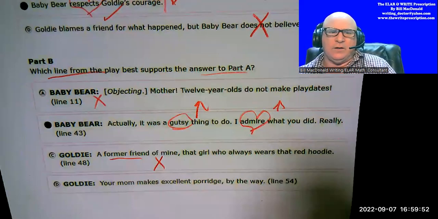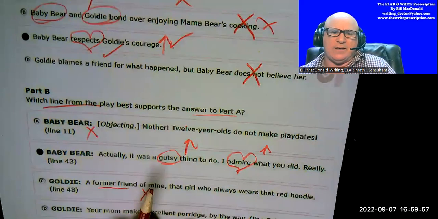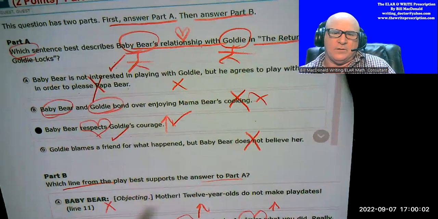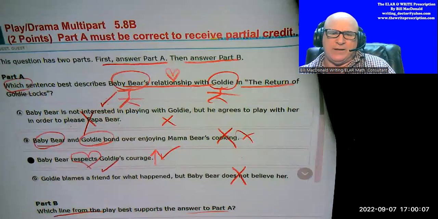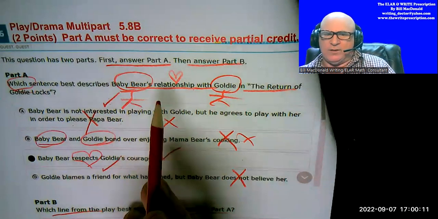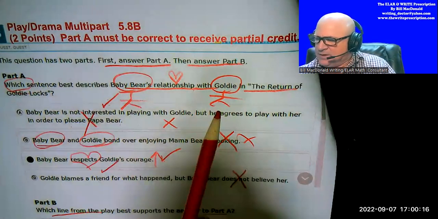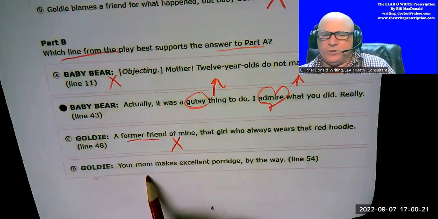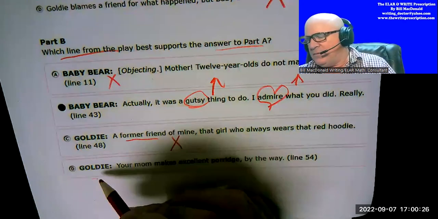Okay. She did say that, but the Baby Bear's relationship with Goldie. Since this is Goldie talking, and she's saying your mom makes excellent porridge, by the way, that's Goldie's relationship with Baby Bear.